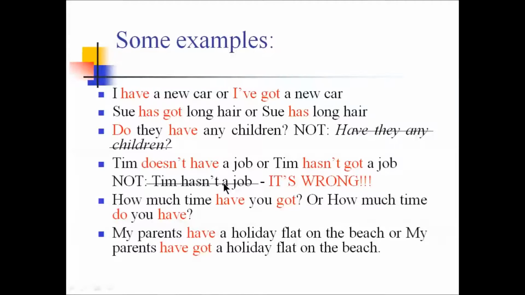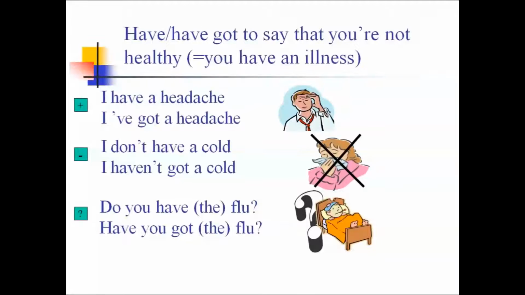So I can say that it is wrong for present English. Okay, everyone, please make more examples using both have and have got. I would like to jump to the next slide.